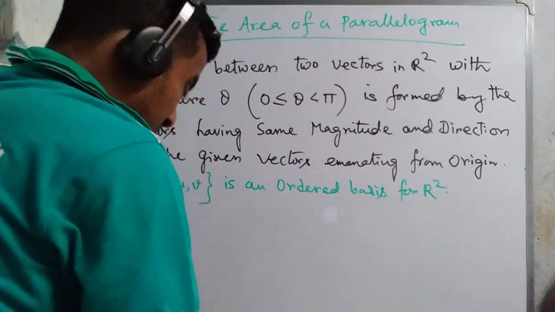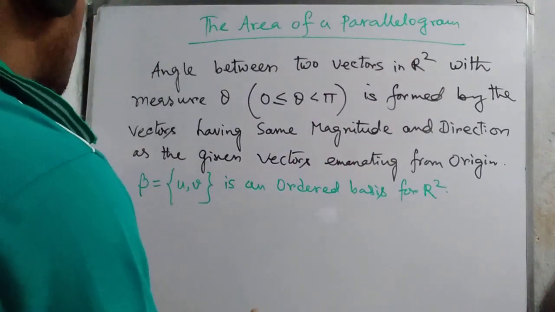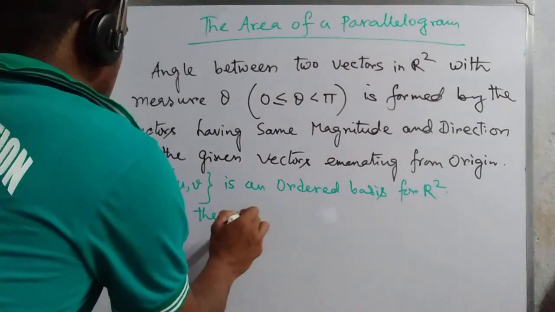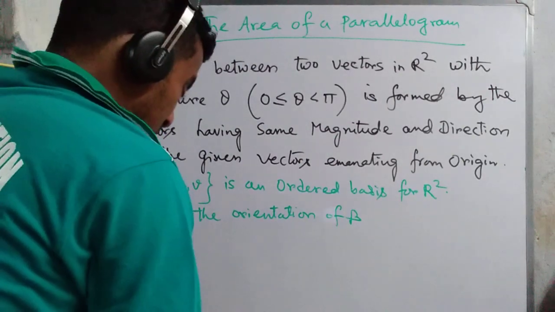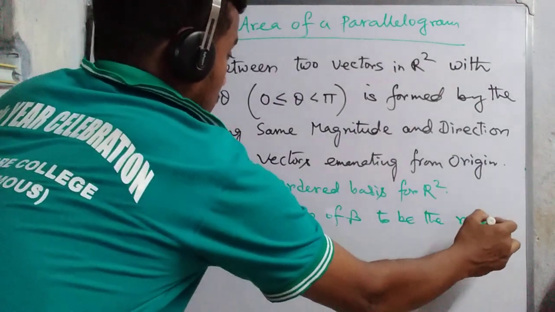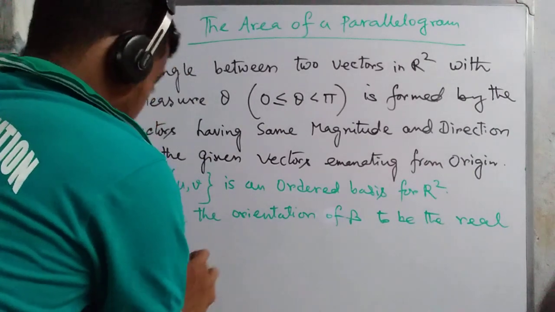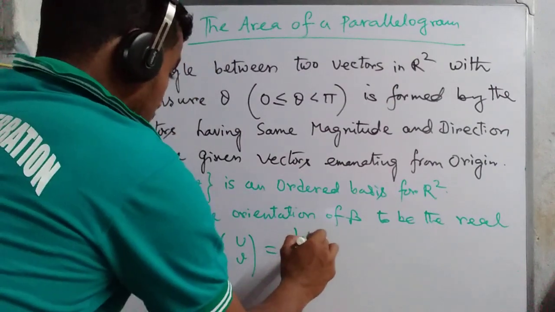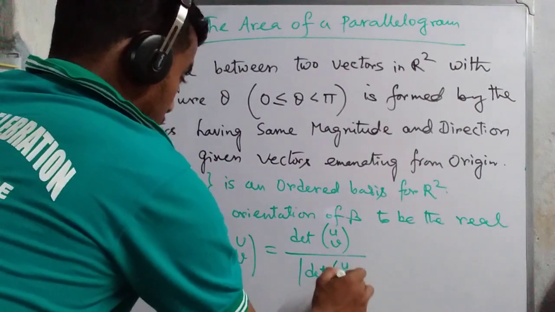Then we define the orientation of beta to be the real number: the orientation of (u, v) equals det(u, v) divided by the modulus of det(u, v).